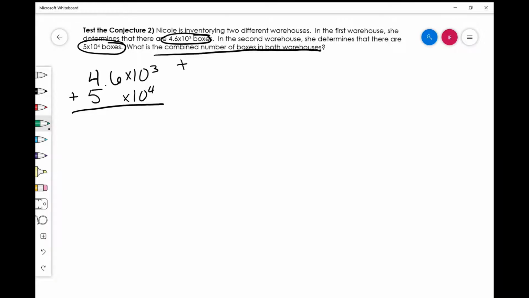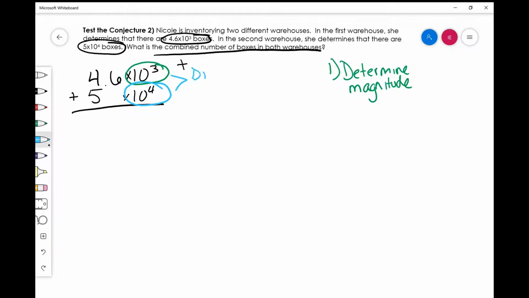So our first step is going to be to determine the magnitude. In our first number, I can see that our magnitude is 10 to the 3rd. And in my second number, I can see that my magnitude is 10 to the 4th. So, do we have the same magnitude? No, we have different magnitudes. So what can we do in order to add these numbers?